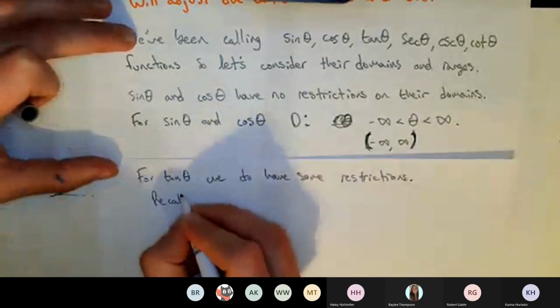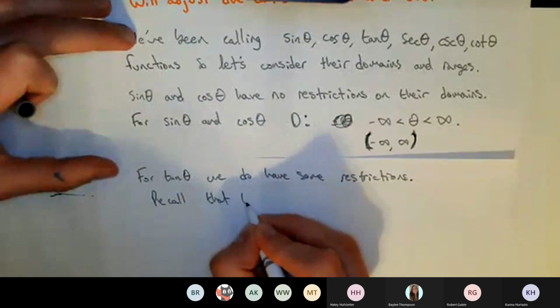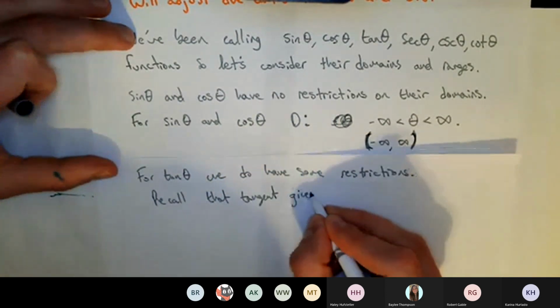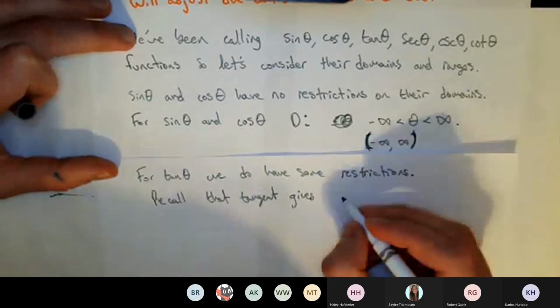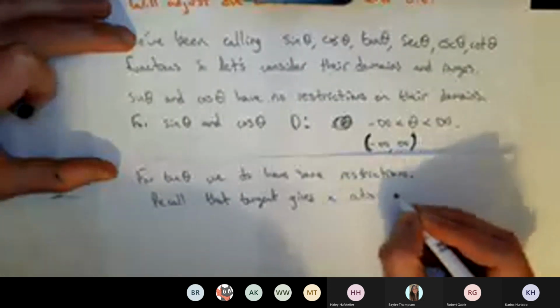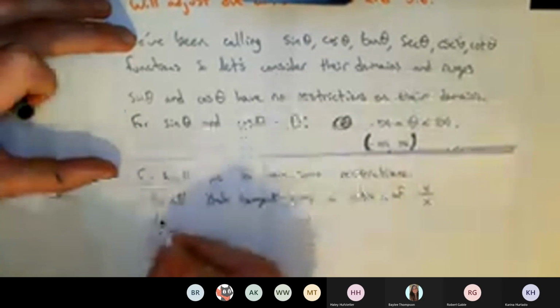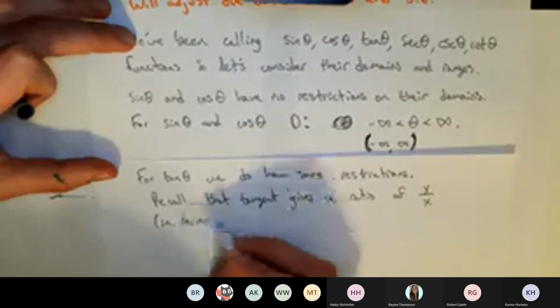Recall that tangent, in terms of x and y points, gives a ratio of y over x, right? So this is in terms of coordinate points.